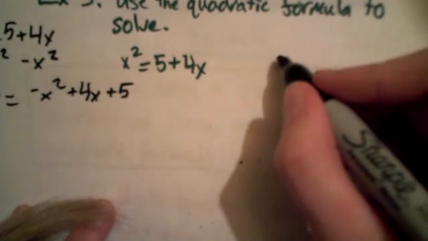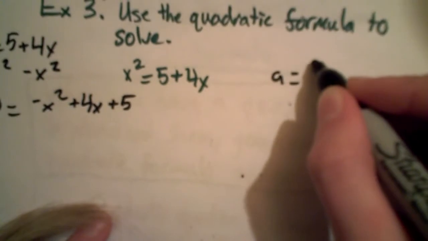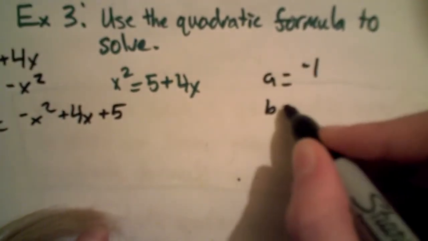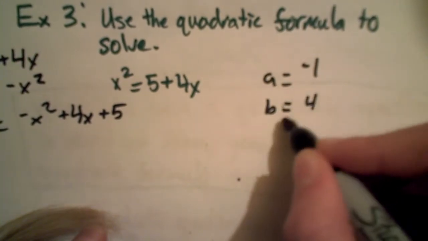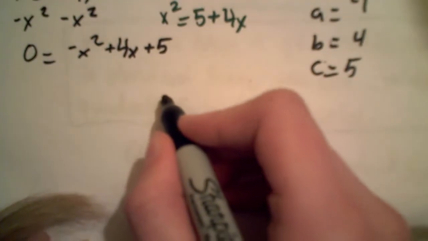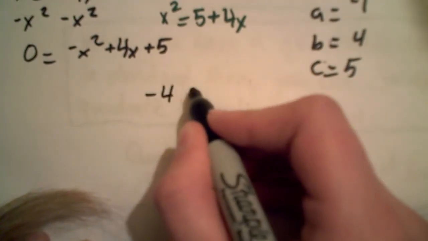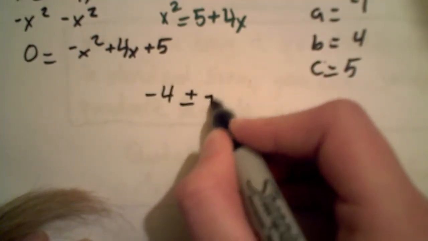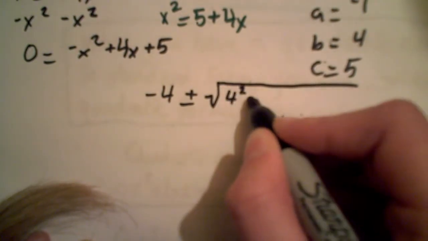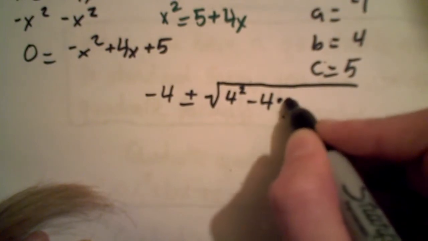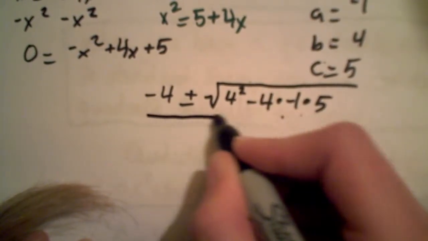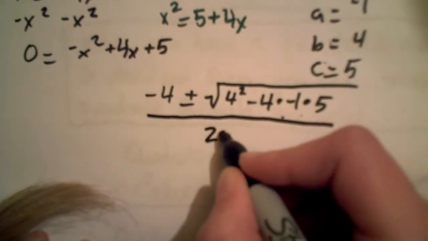Over here, let's define our a as negative 1, our b as 4, and our c as 5. So, opposite of b, negative 4, plus or minus the square root of 4 squared minus 4 times negative 1 times 5, divided by 2 times negative 1.